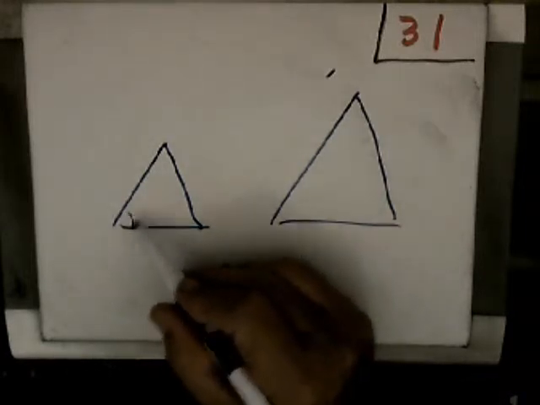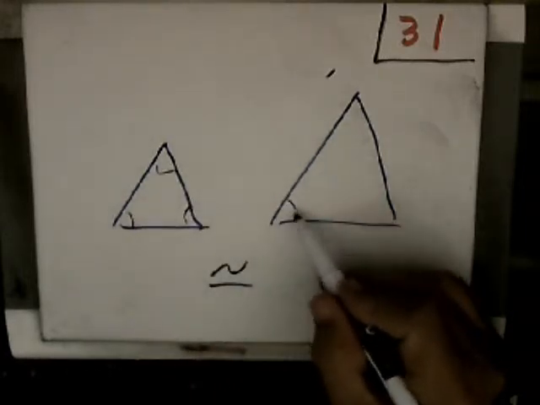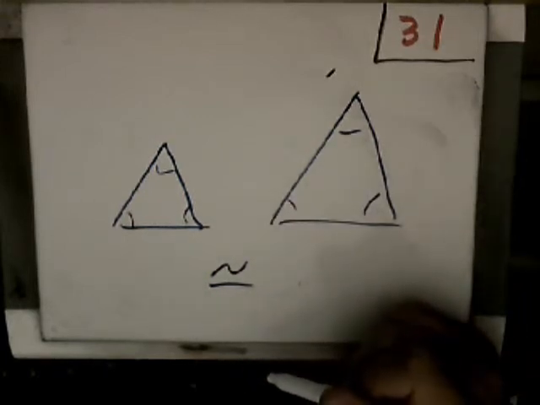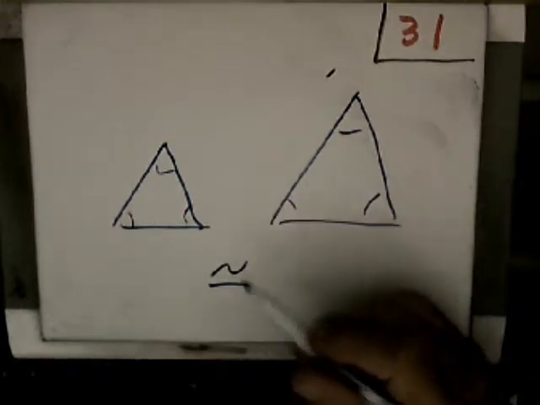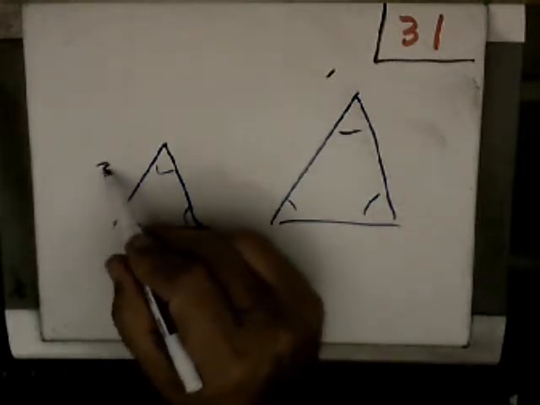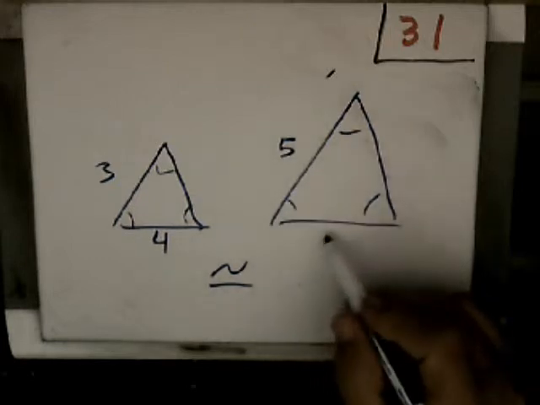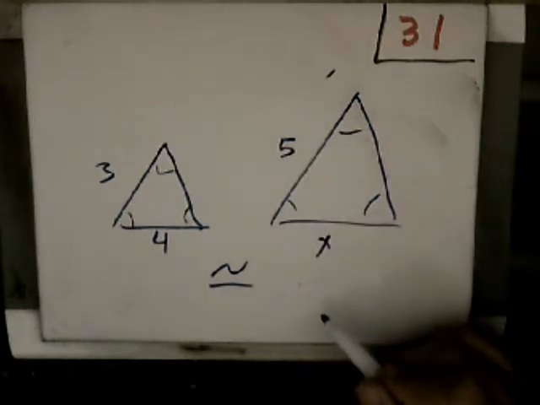What we're saying is the angles are equal to each other, but the sides are not. They're in some kind of ratio to each other. I could say that 3 and 4 and 5 and x, and I would be looking for the value of x.